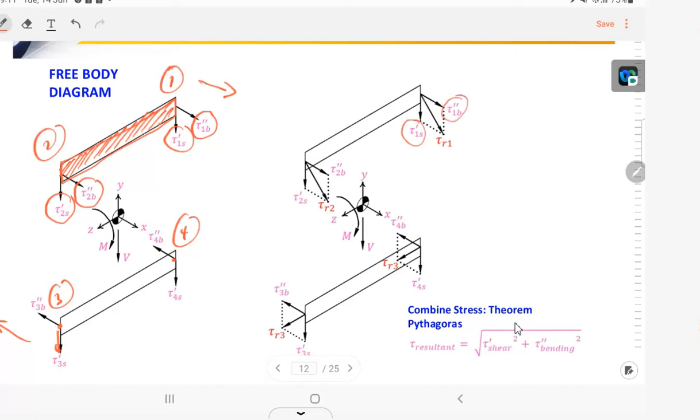And then kita kirakan the resultant. So how to calculate the resultant? We use the Pythagoras theorem. This one. Okay, kita kira macam ni.